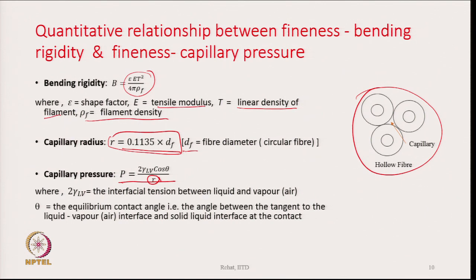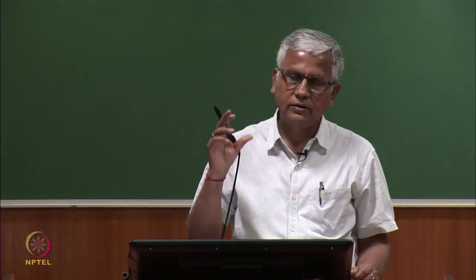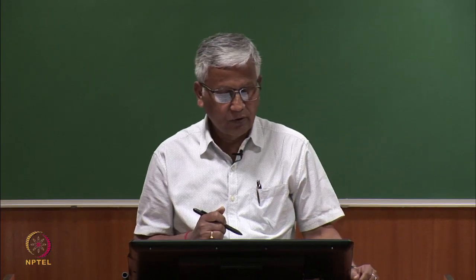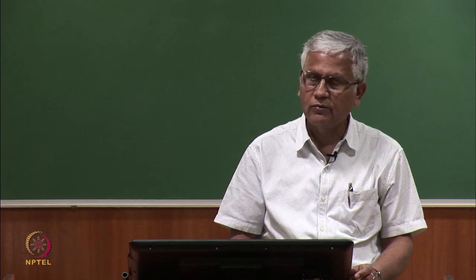But fiber diameter, that is fineness of the fiber itself, is also very important. Therefore, fineness can affect the capillary pressure, and it can also affect the bending rigidity, and these will have their own effect on product performance, depending upon what type of product I am going to make.